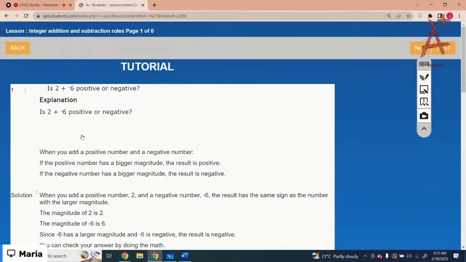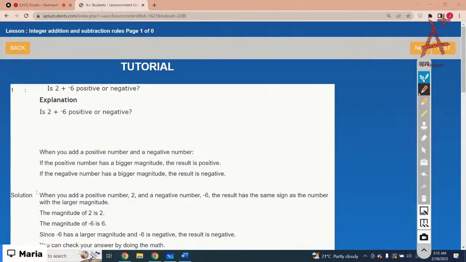When you add a positive and a negative number, if the positive number has a bigger magnitude, the answer is positive. And if the negative number has a bigger magnitude, the result is negative. These are the two very important lines. You have to keep them in your mind.